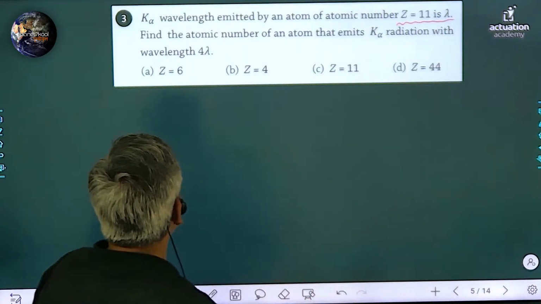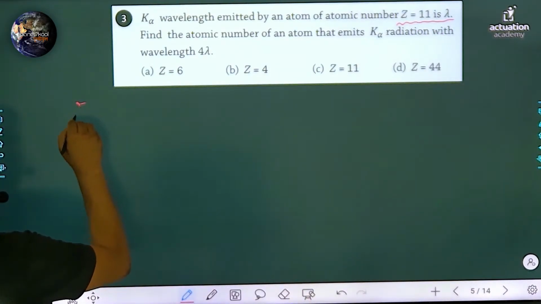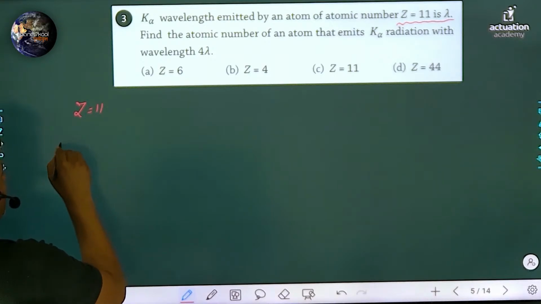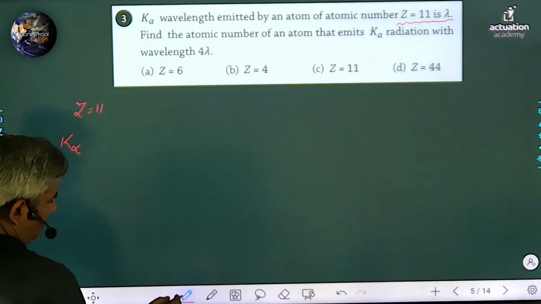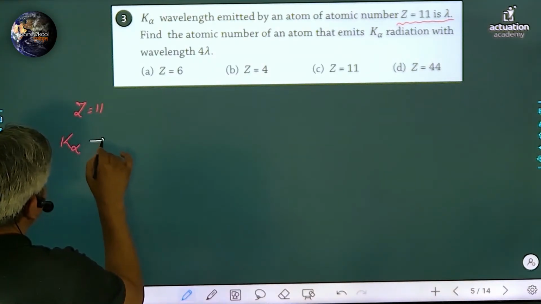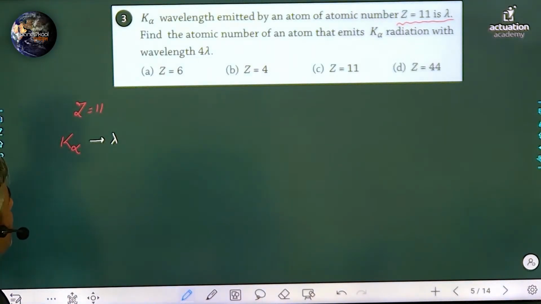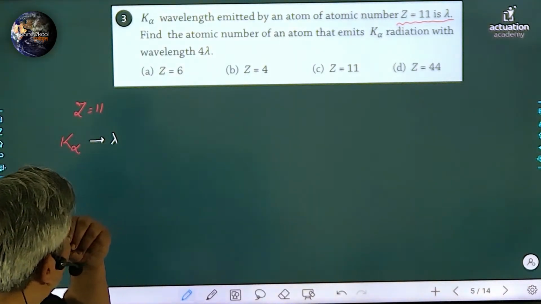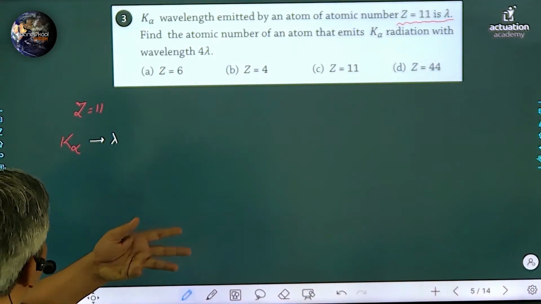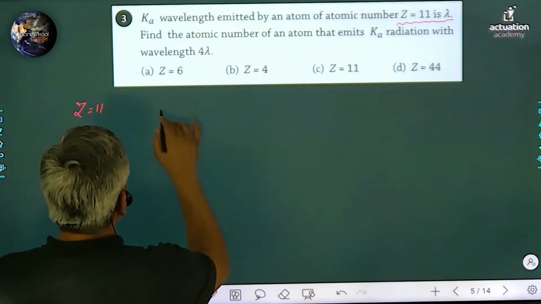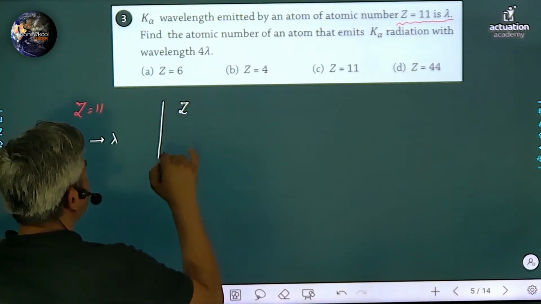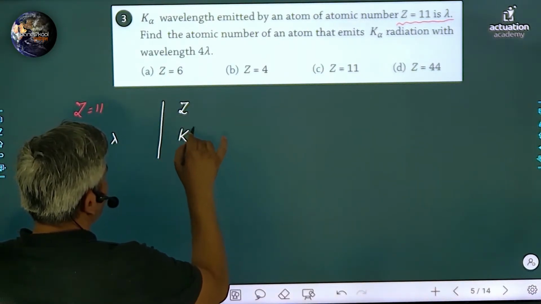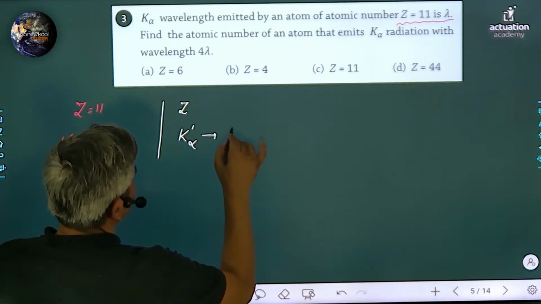So for atomic number Z equal to 11, the K alpha wavelength is simply lambda here. Now find the atomic number of an atom that emits K alpha radiation which is 4 lambda. So we need to find the value of Z for which the K alpha wavelength is 4 times lambda.